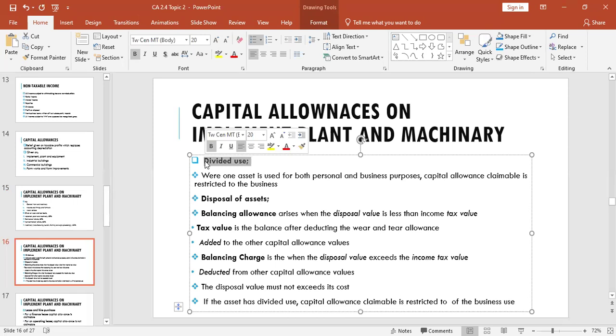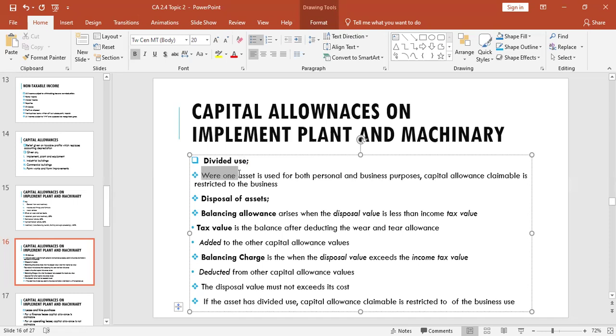If we've got a head office, it's a two bedroom house. One bedroom is used as an office, then the other bedroom is used as a normal bedroom for sleeping in. It means there's divided use, so we need to find the proportion of that room according to the number of rooms that we have in a particular house.